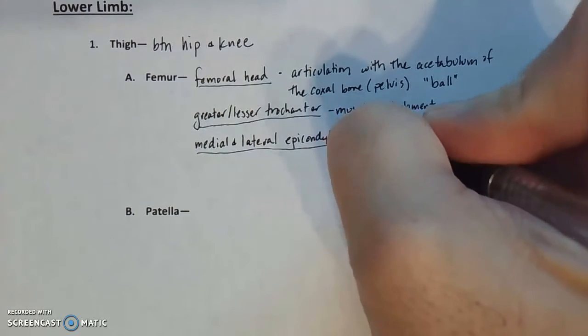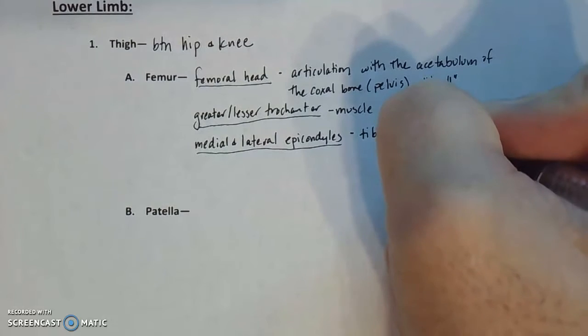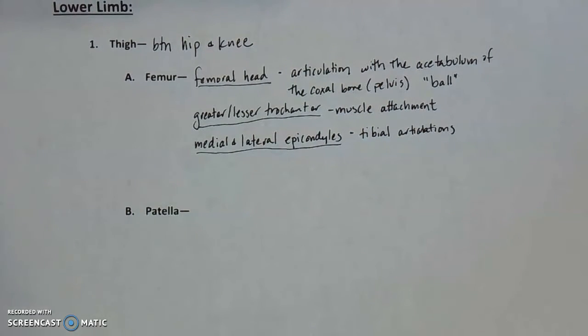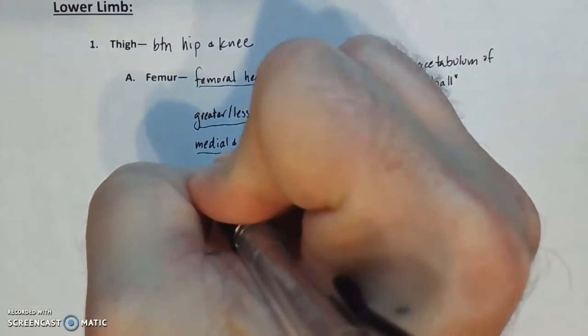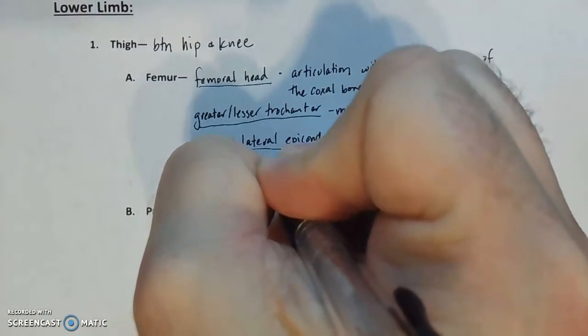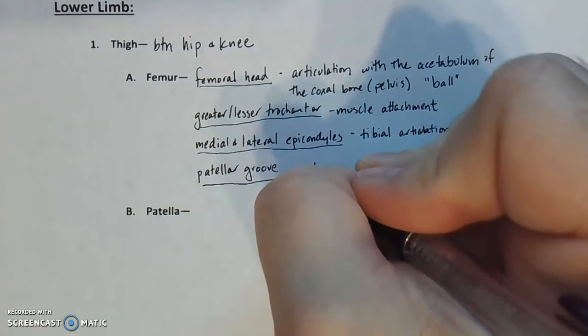And these are the tibial articulation sites. And they actually form like a cap over top of where the patella rests in there. And we have what is known as the patellar groove, which is our patellar articulation.